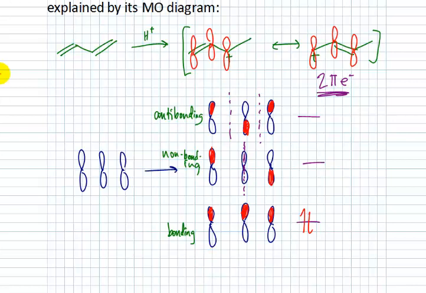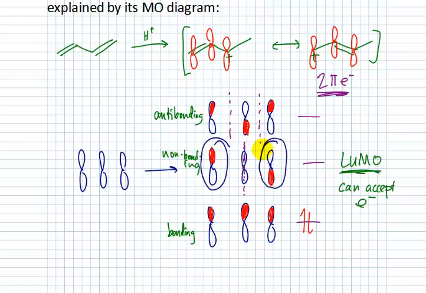The lowest unoccupied molecular orbital is the lowest energy place that can accept electrons, or a pair of electrons, donated from the nucleophile. And this should make sense because if we were to put something in this lowest unoccupied molecular orbital, we would be filling p orbitals on carbons 1 and 3, nothing on carbon 2.